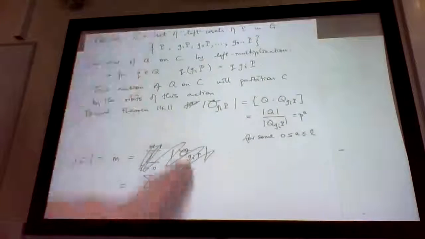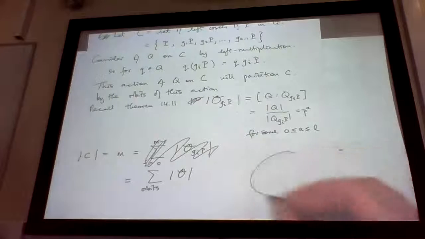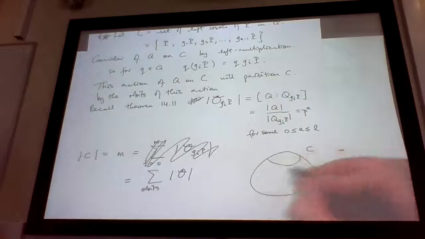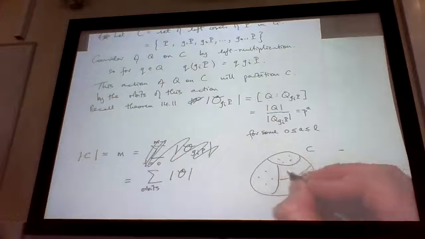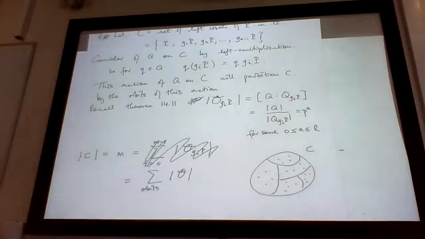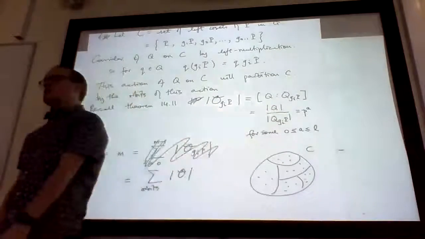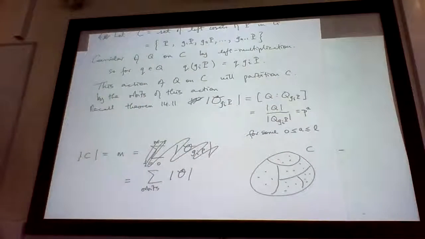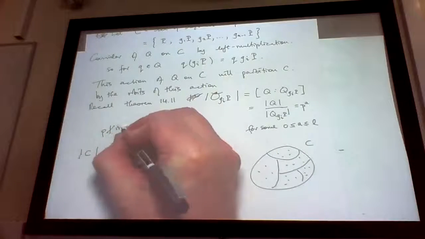Otherwise I'd be overcounting. So C, remember the picture, C is partitioned by the orbits. So just sum over the orbits the size of the orbits. Now each orbit has size some power of p. Remember, p does not divide m.